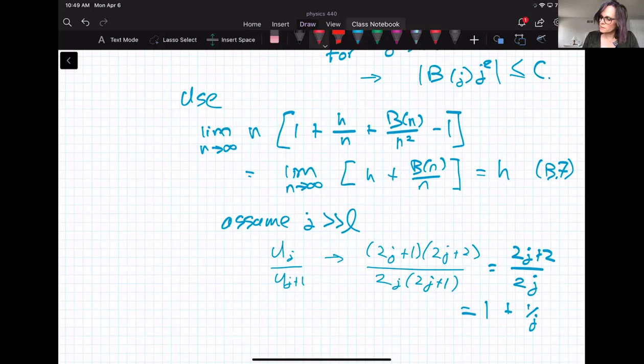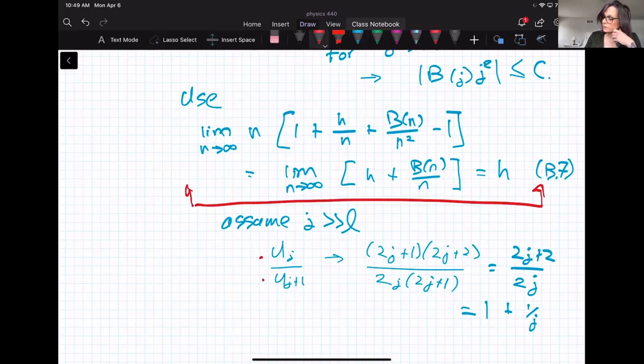So while this is the general form, if we look at the particular case in this series, where we're looking at the ratio of the two terms and we're ignoring the L term, this now is our H over here, right? Our function b has dropped off to 0 for terms larger than 1 over j squared.